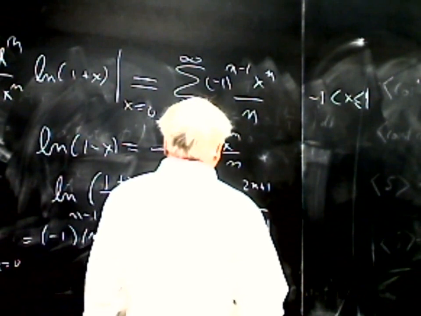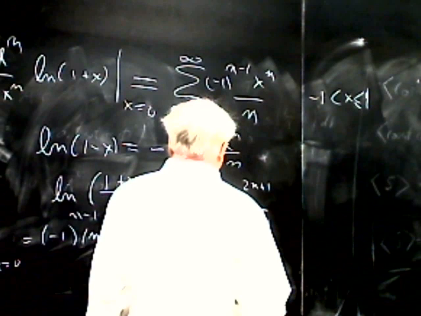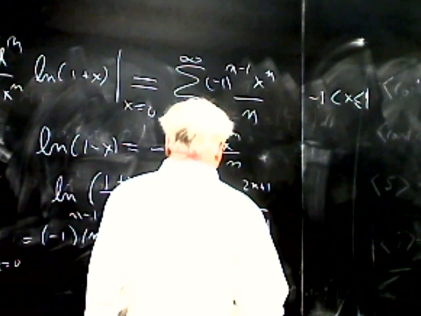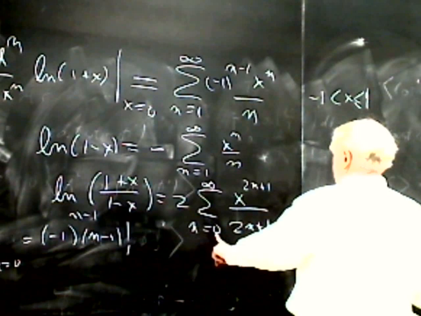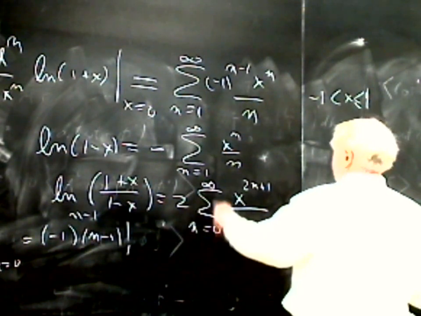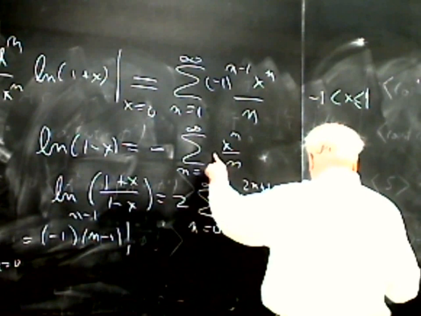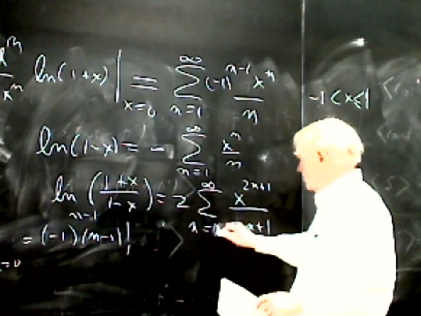And I'm a little worried here because I don't think the n equals 0 term should be there, because both these series started at n equals 1, and so I'm going to change that to 1.